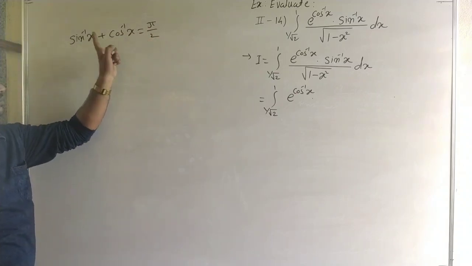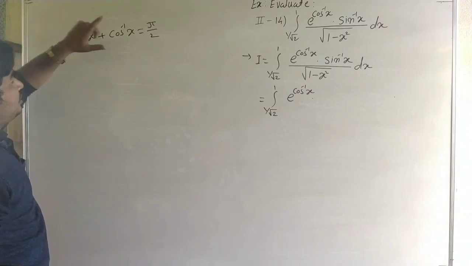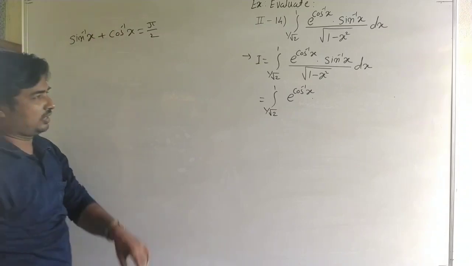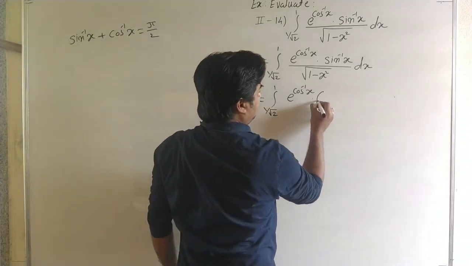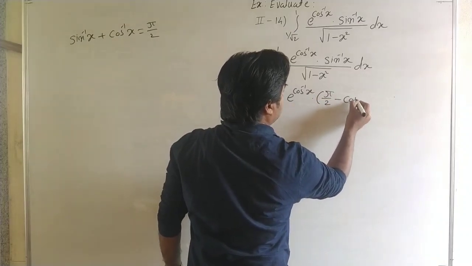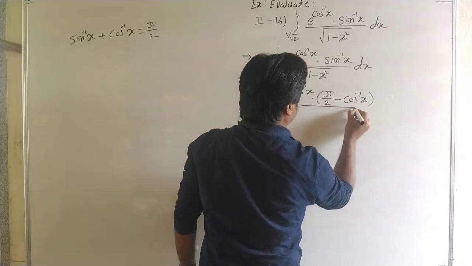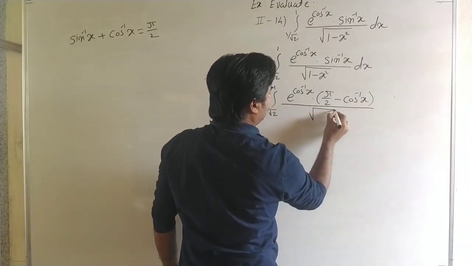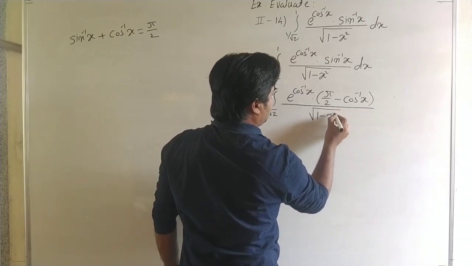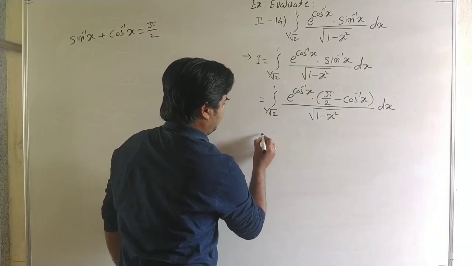Therefore sine inverse x is equal to pi by 2 minus cos inverse x. So it is pi by 2 minus cos inverse x, whole, upon under root 1 minus x square dx. And now here put cos inverse x is equal to t.